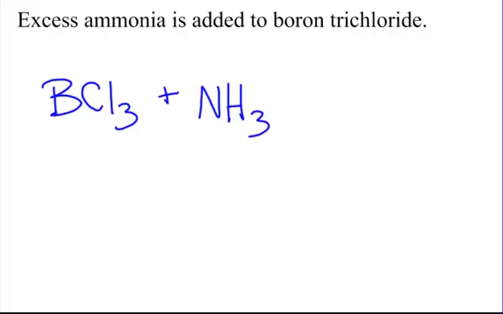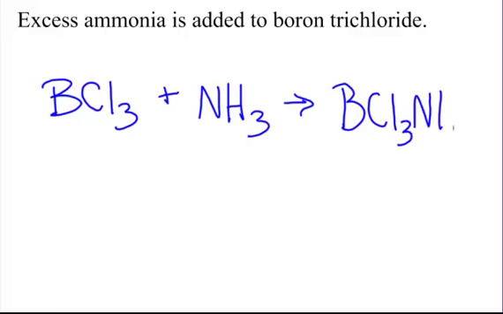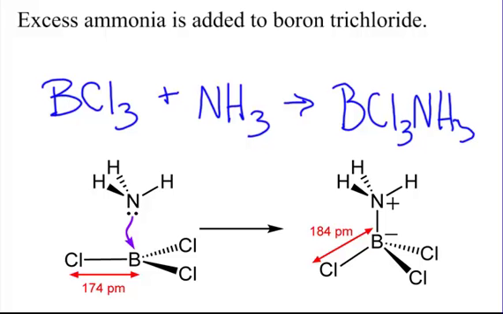At the end we get BCl3NH3, and that is our answer. It takes our trigonal planar shape with a trigonal pyramidal, and it makes a double tetrahedral type shaped molecule.